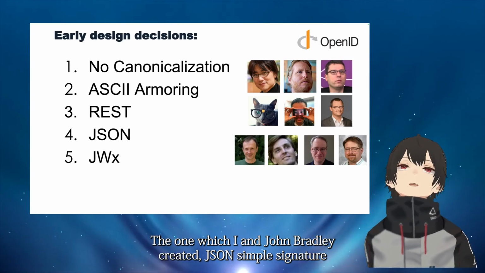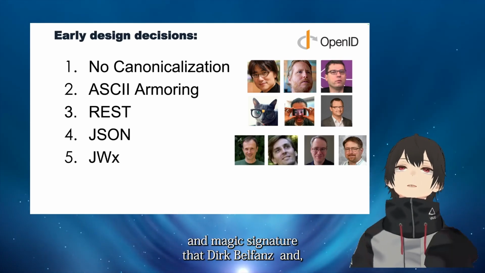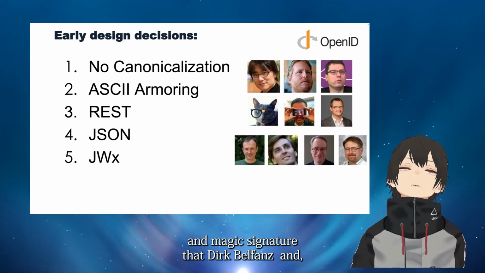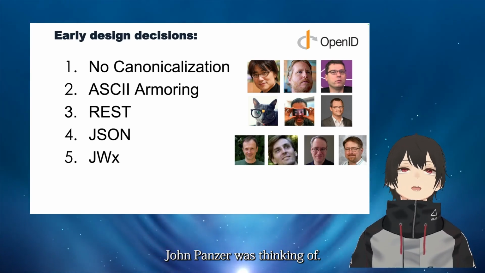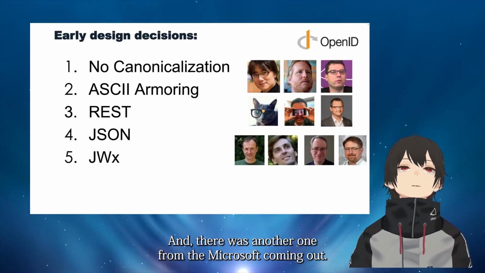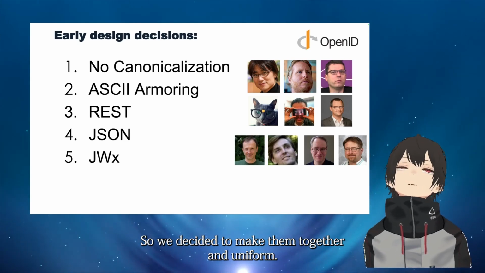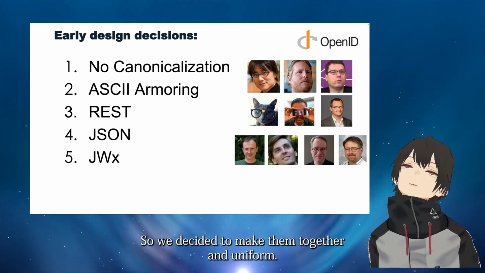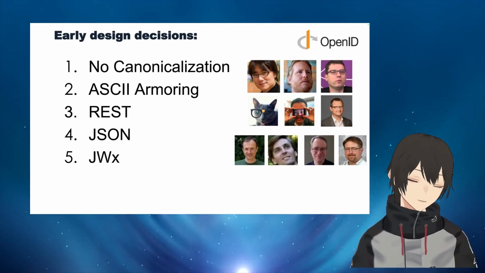The one which I and John Bradley created, JSON Simple Signature, and Magic Signature that Dick Hardt and John Panzer were thinking of. And there was another one coming out from Microsoft. So we decided to make them together and uniform, and that has become JWX.